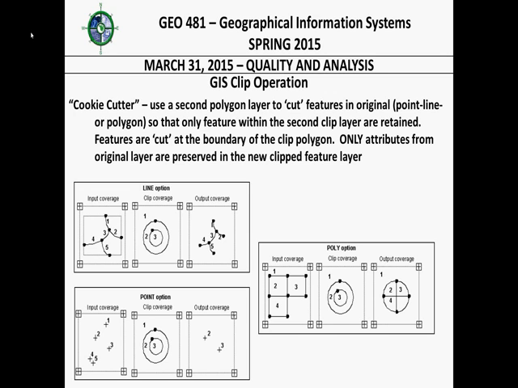I'm not interested in any attributes from clip. Unlike union and intersect, when you clip, you're just extracting information from one layer, and the output will only contain the attributes from that layer.